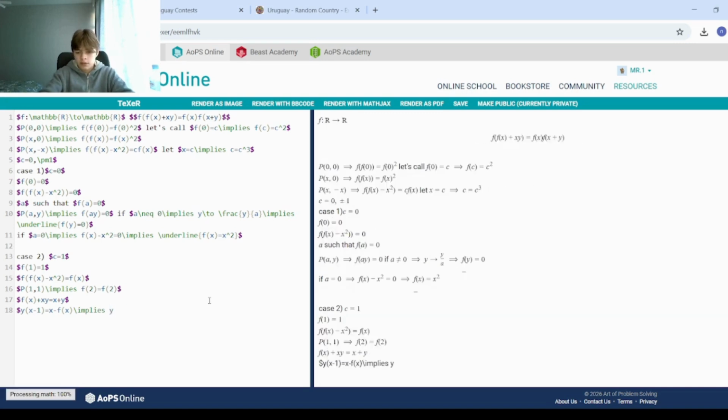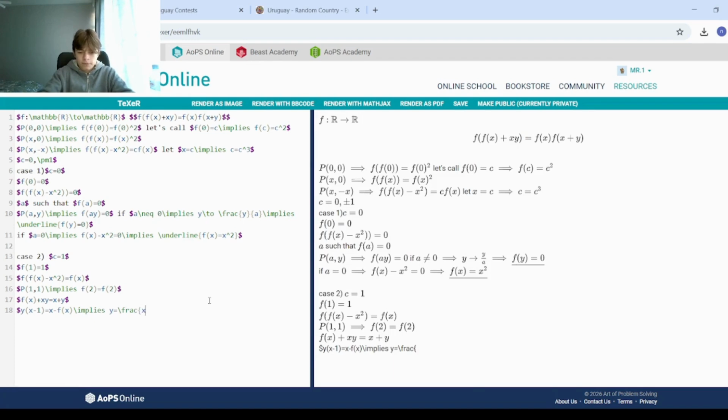Now this means that y is equal to x minus f(x) divided by x minus 1, and we can force x to not be equal to 1, so we have x is not equal to 1, and if we put y equal to this, we will get f(x) is equal to 1 for every x except 1, but at 1 we know that f(1) is equal to 1, so that means that f(x) is equal to 1 for every x including 1.